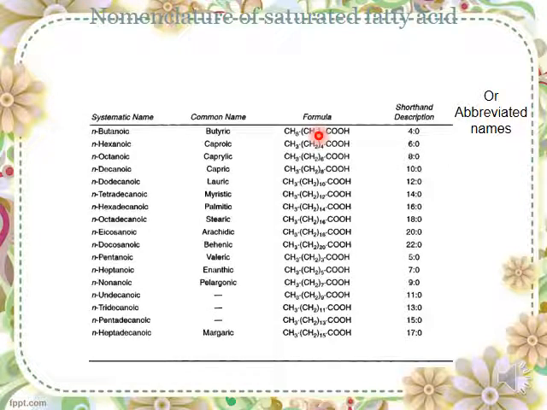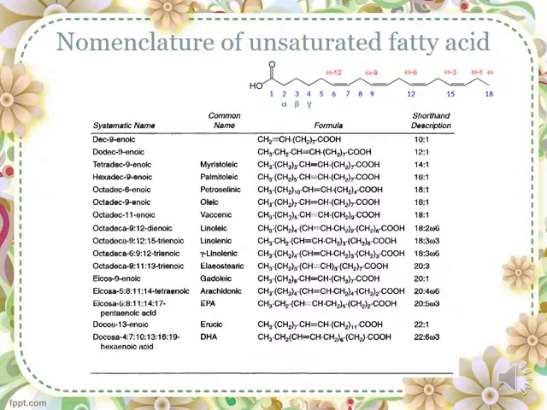So this table shows the systematic name for different types of fatty acid, their common name or the commercial name, the formula, the shorthand description, or the abbreviated name. Now the previous table shows the saturated fatty acids, without presence of double bond.